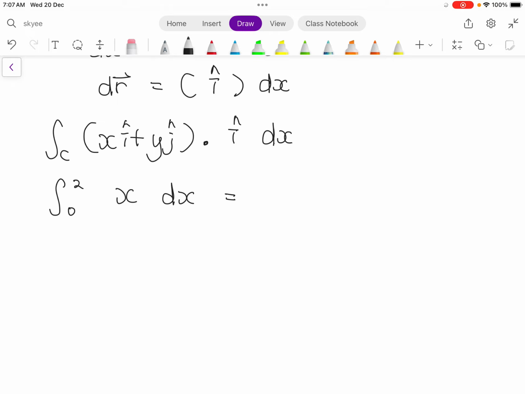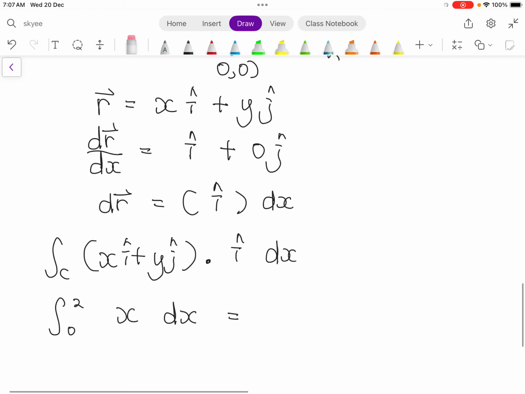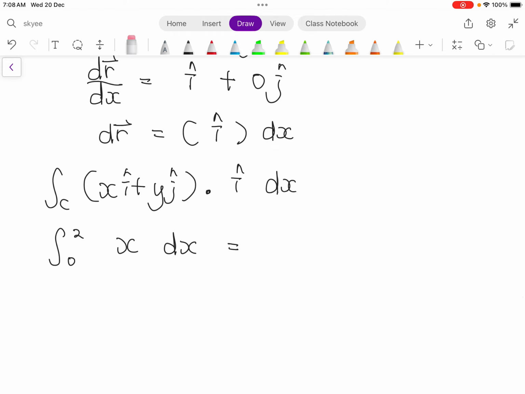0 to 2. Will it be the same? Seems it won't be the same. Oh no, sorry, I missed the y again. I didn't convert it. But even though I convert it, it will be 0. So let me try first.